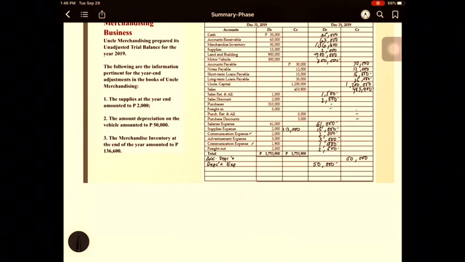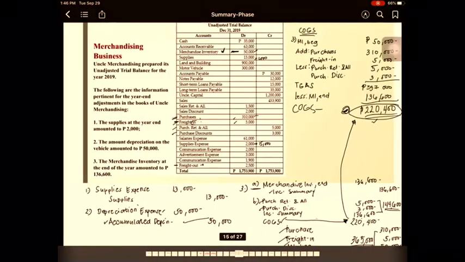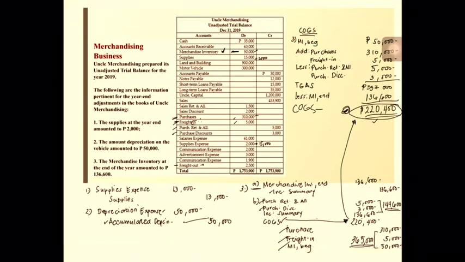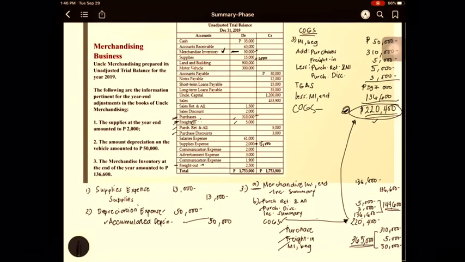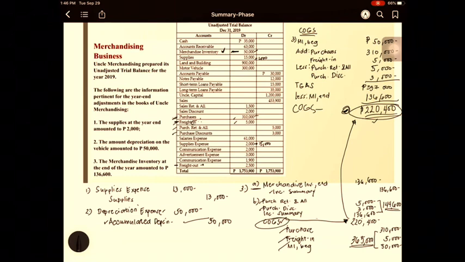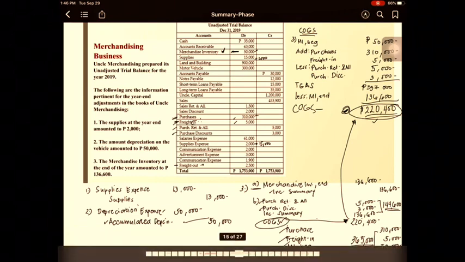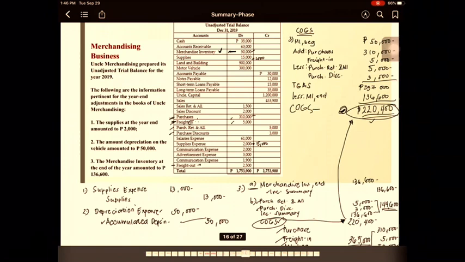Okay, so are there other adjustments that we need to do here? Yes, take note that in the adjustment for the cost of goods sold, what did we do? We recognize an additional account in the form of your cost of goods sold. And what did we do with your cost of goods sold? We debited its amount.